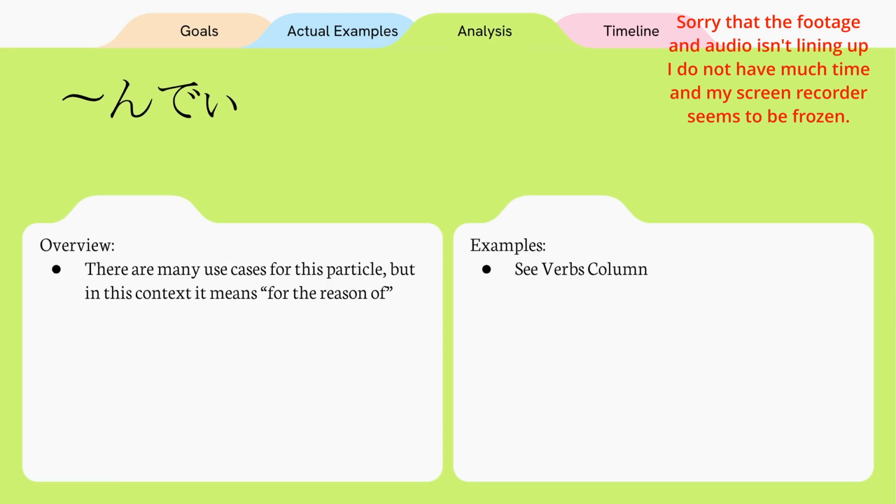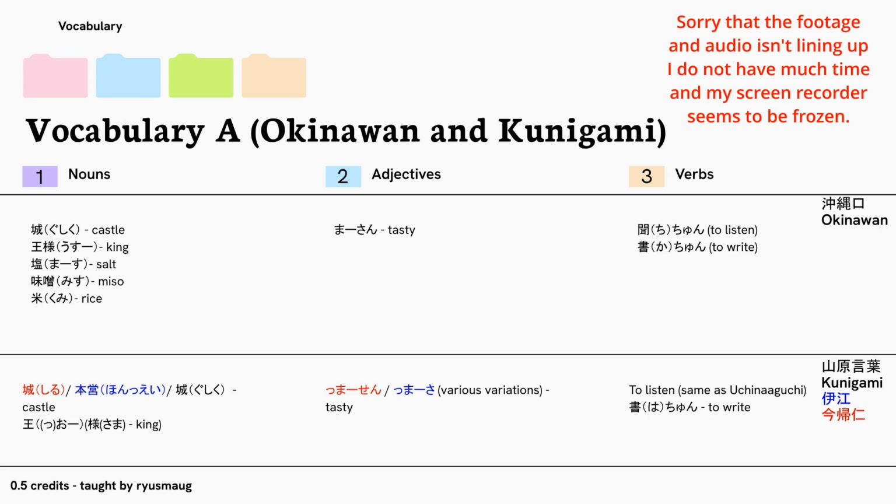Basically, oh, my bad, I did not mean to go to that slide. Let me go back. Okay, here. In this scenario, it means for the reason of, and that's why in many contexts, if you go back to the example, it's basically for the reason of Sasukin dinukutu yan.